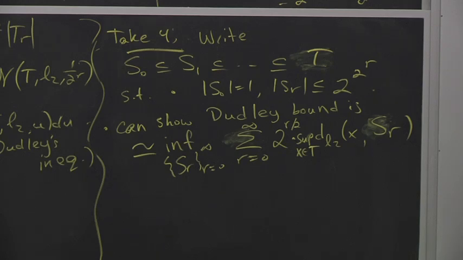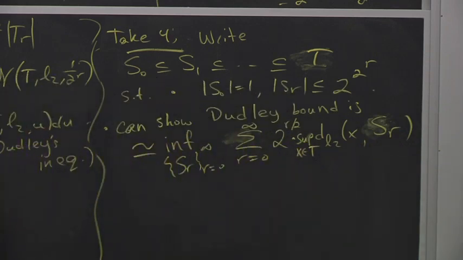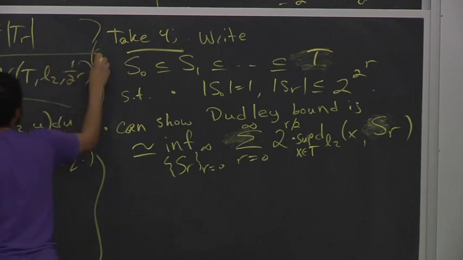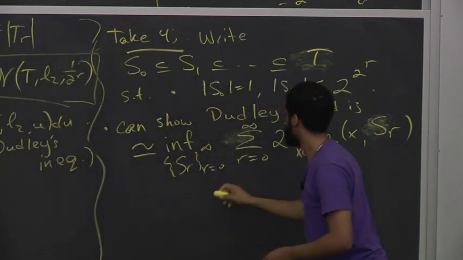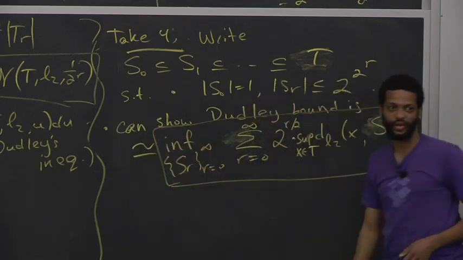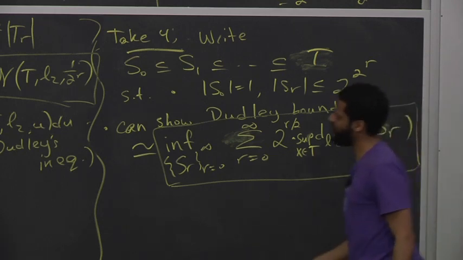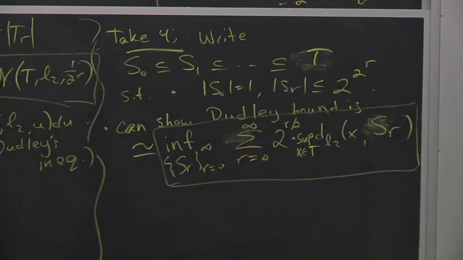So you can prove that this bound here is up to a constant equivalent to this bound here. I'm not going to prove it for you, but the basic idea is that here I wanted a 2 to the r net, so this r and that r are basically not the same.